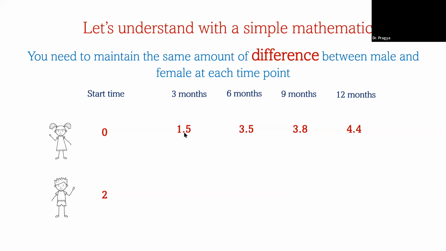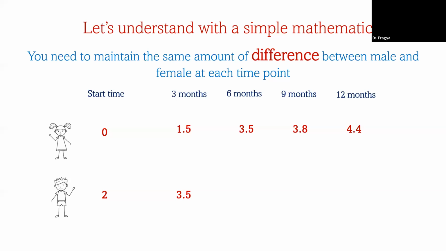At 3 months, if I want to maintain the same difference between male and female, what value should I write here? Dr. Rath is writing 0.5, but then the difference will be 1. If you write 3.5, then it will be 2. Yes, agreed. So it will be 3.5.